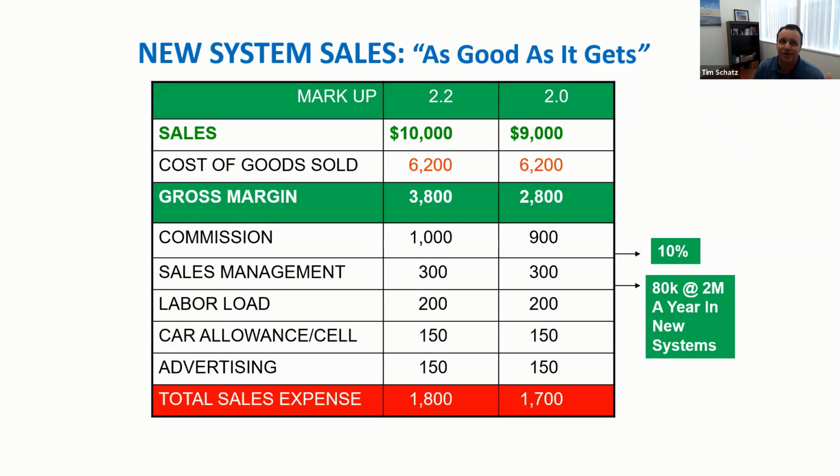A lot of folks are not doing that much in volume. So if you're not doing that volume, then the cost of the sales manager is actually going to be higher than this. Again, these numbers are as good as it gets. We see very rarely does anybody do any better than this.